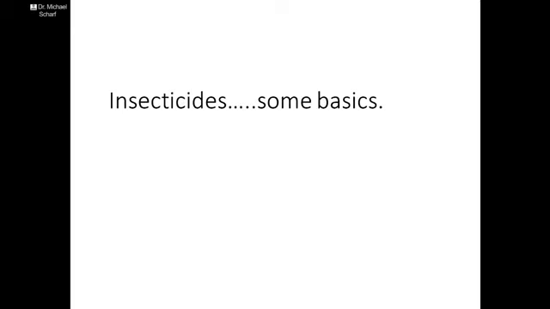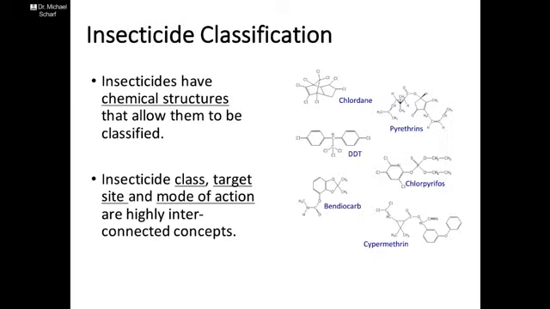With insecticide classification, just like we have organisms that can be classified based on their morphology or their structures, like insects, mammals, birds, bacteria, insecticides can be classified the same way, based on their chemical structures.